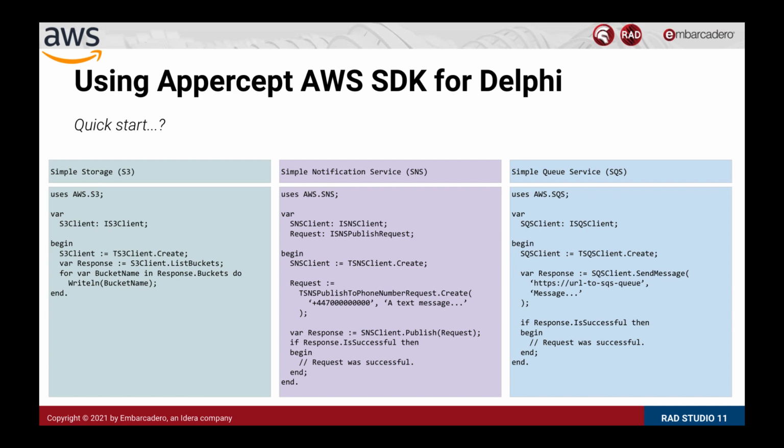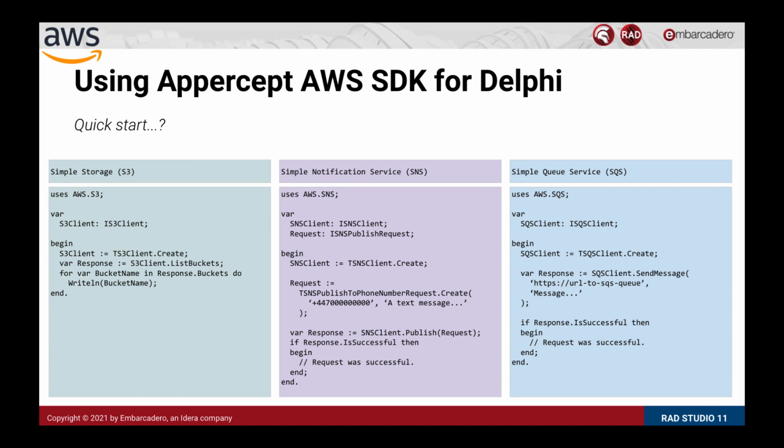The SQS example is almost identical, but it just demonstrates that we bring in the AWS.SQS unit to refer to the simple queue service. We define a client, SQS client, which is an ISQS client, and we instantiate it from the TSQS client class. We then ask the client to send a message.